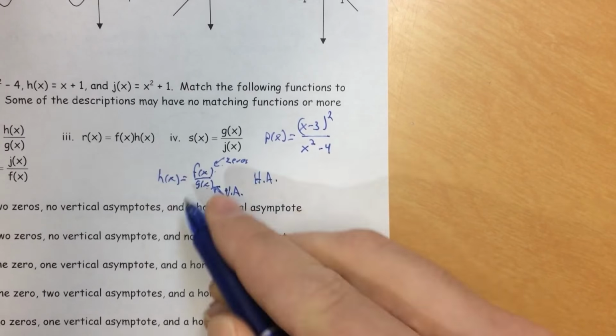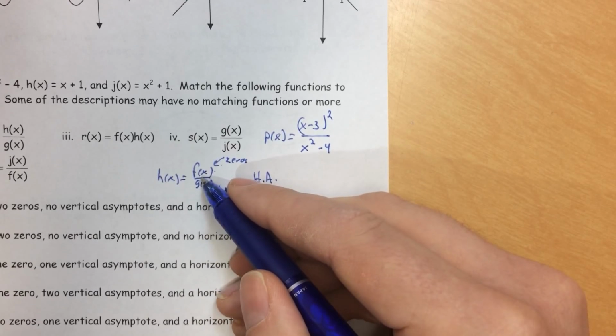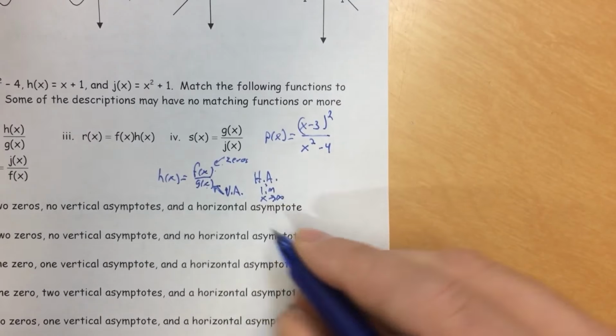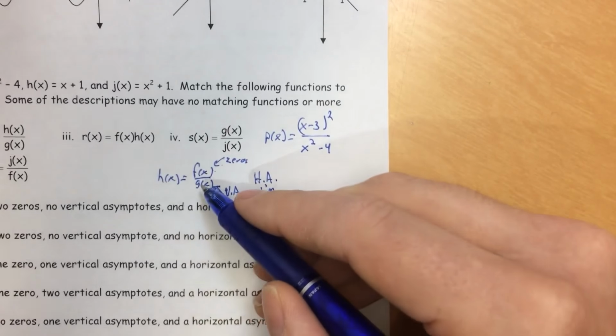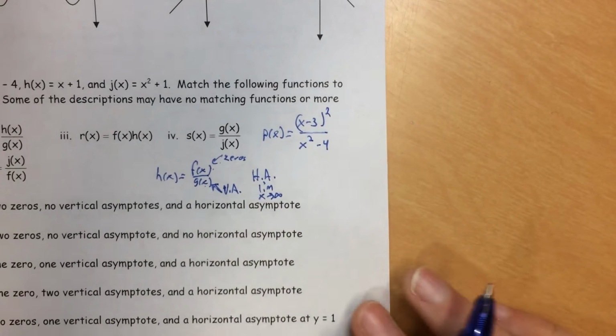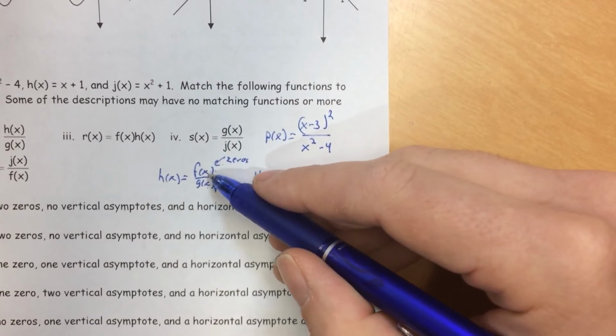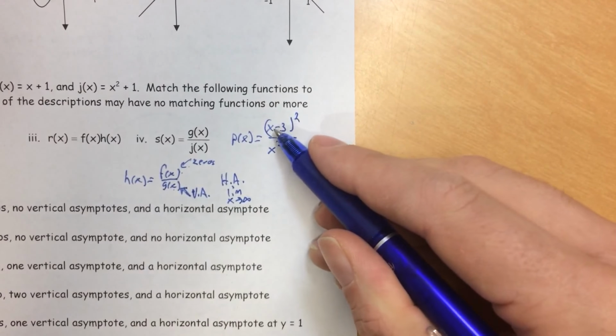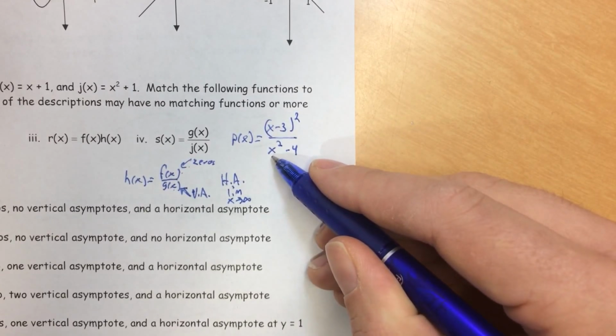Horizontal asymptotes come from comparing, as x goes to infinity, how fast the numerator and the denominator grow. It's the limit as x goes to infinity. As x gets bigger and bigger, you compare how fast the numerator and the denominator grow. So for polynomial numerators and denominators, we look at what the degree is. In this case, this is x squared divided by x squared.